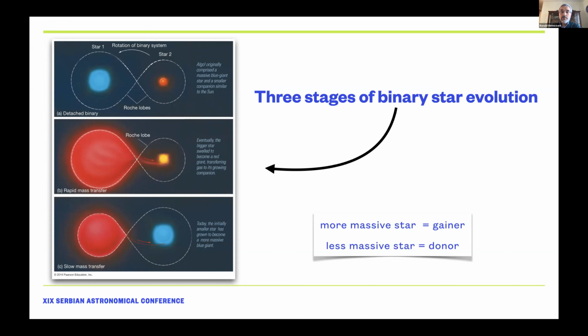We will name the more massive star at present the gainer. In the past, it was the less massive star. And the less massive star in the present time we will name the donor star, because it's transferring matter onto the gainer.